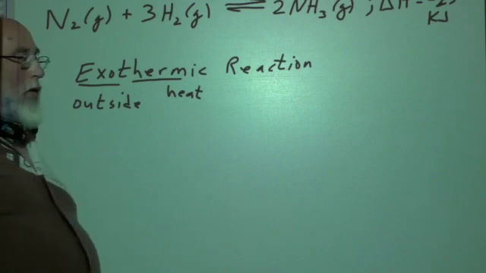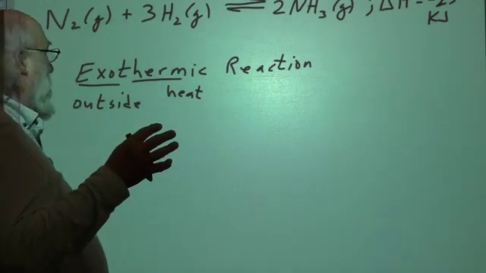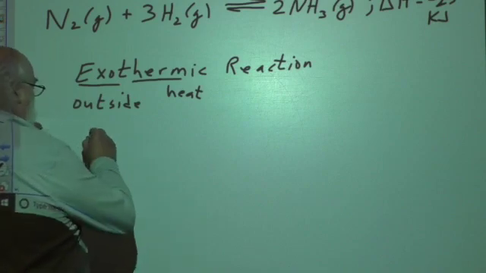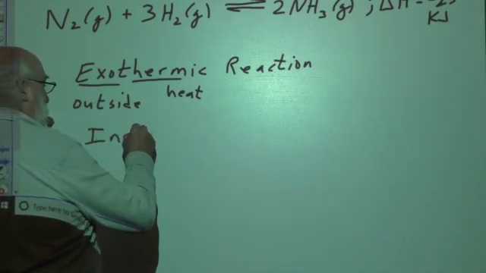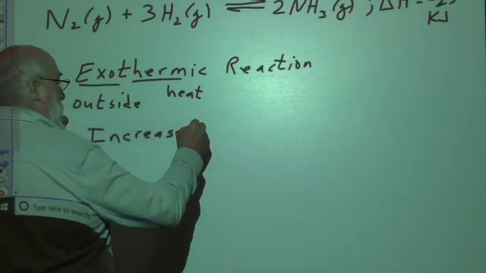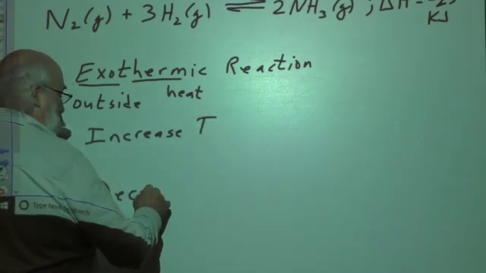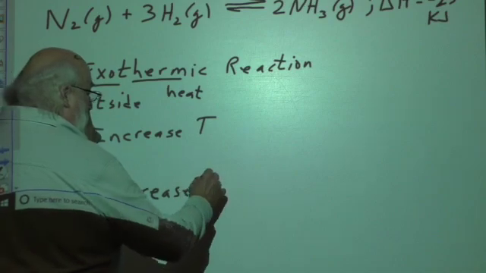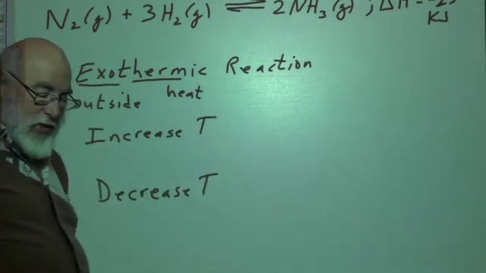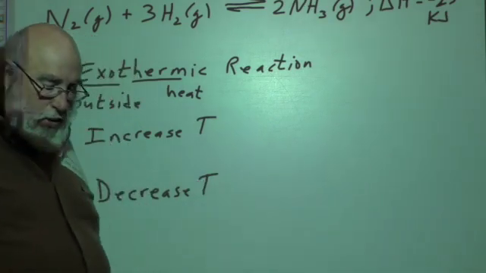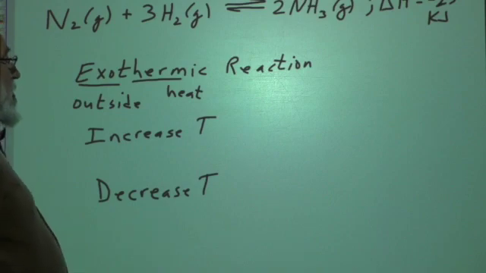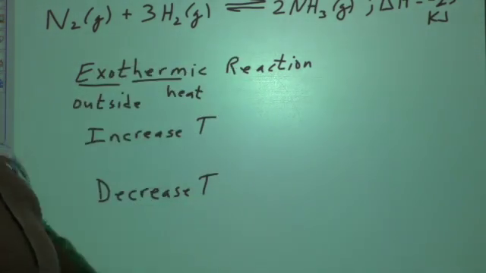So we have two options here. We can increase the temperature and we can decrease the temperature. And so this is what Haber did to figure out how to increase that NH3 over there.